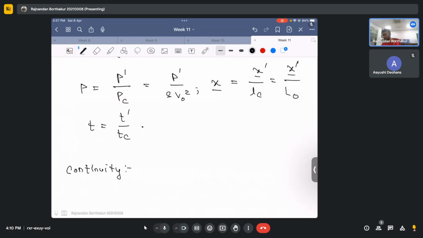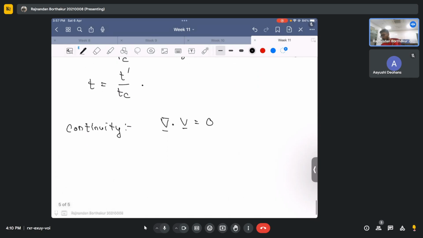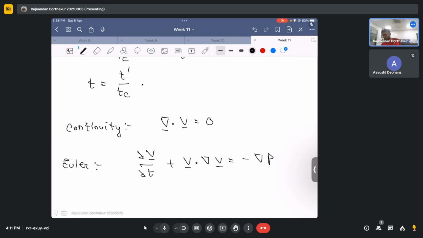Your continuity equation would be just divergence of the non-dimensional velocity equals 0, as we have seen. And your Euler equation is again something like this, minus gradient of p. You can just check it by yourself. You'll get these two equations once you substitute the non-dimensional variables in place of the dimensional variables. All right, we will name this equation as 2.